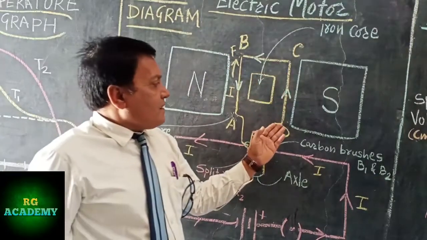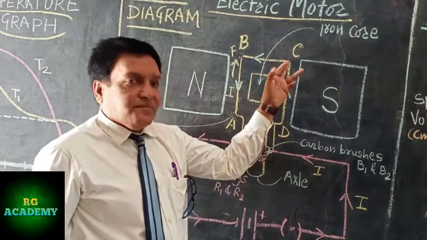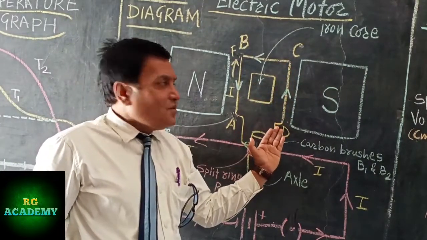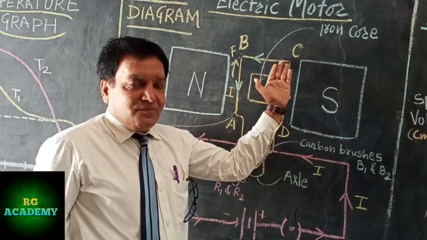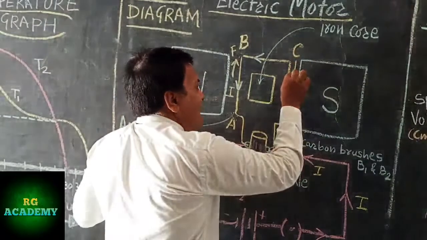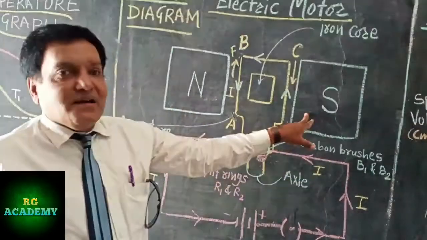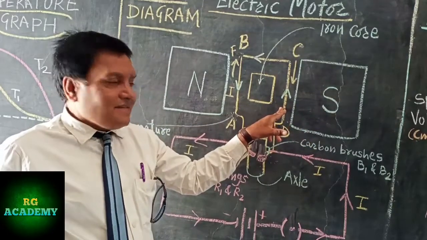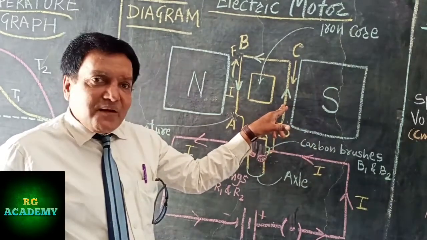Then if you consider the arm CD, current is flowing from D to C, means current is flowing from bottom to up. Definitely the force will act. Here the magnetic field is there. The conductor is carrying current, so definitely it will experience force.